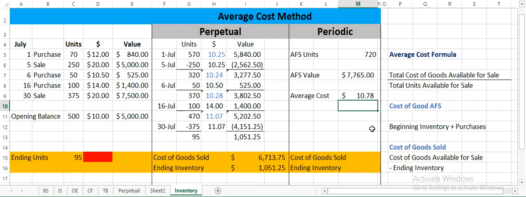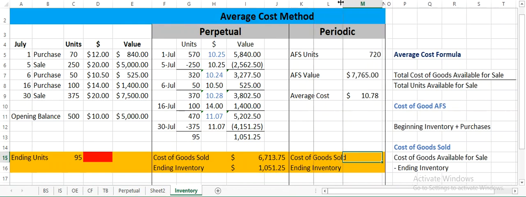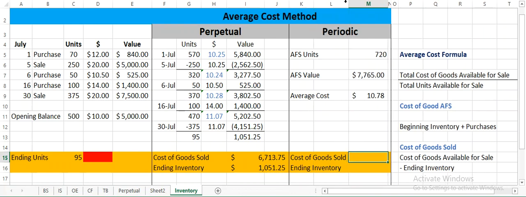If we have this information, how do we relate that to what we need to answer, which is what is the cost of goods sold and what is the ending inventory balance for the company. Cost of goods sold is cost of goods available for sale minus ending inventory.